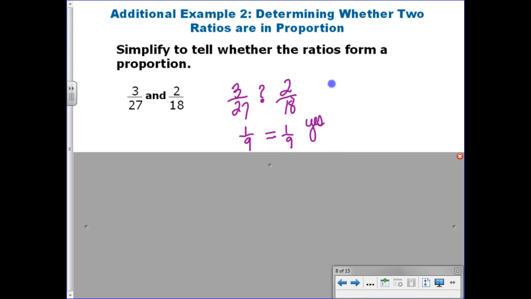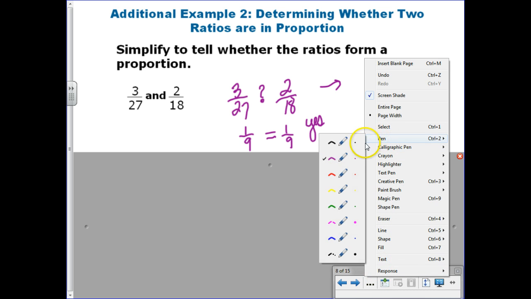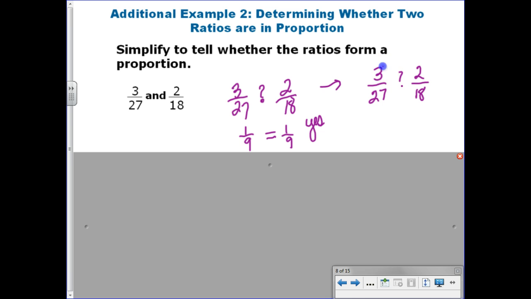But let me show you another way, which we're going to utilize a lot as we get more into solving proportions. There's this neat property that says if you really have a proportion, that the cross products are equal to each other. And what I'm going to do is change color here so you can see what I'm talking about.